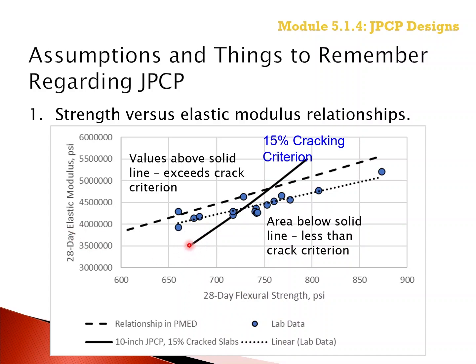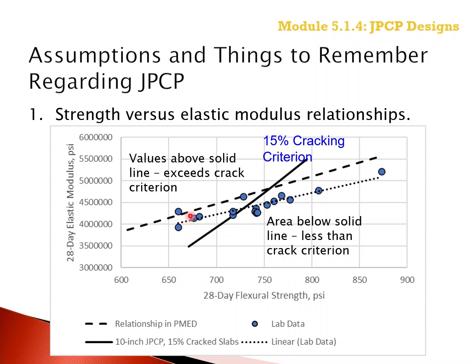So for example, at a modulus of rupture of about, let's say, 675, to get 15% cracked slabs, the elastic modulus would need to be about 3.5 million psi.